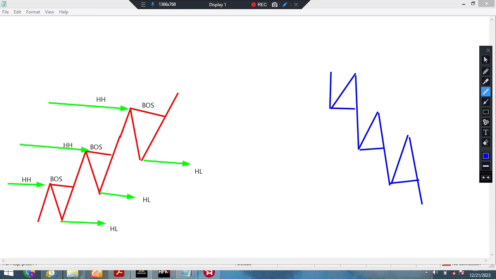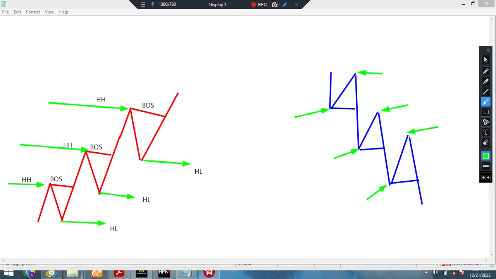So all these points are called lower high, lower high, lower high. While here is called the lower low, lower low, lower low. So price is falling.